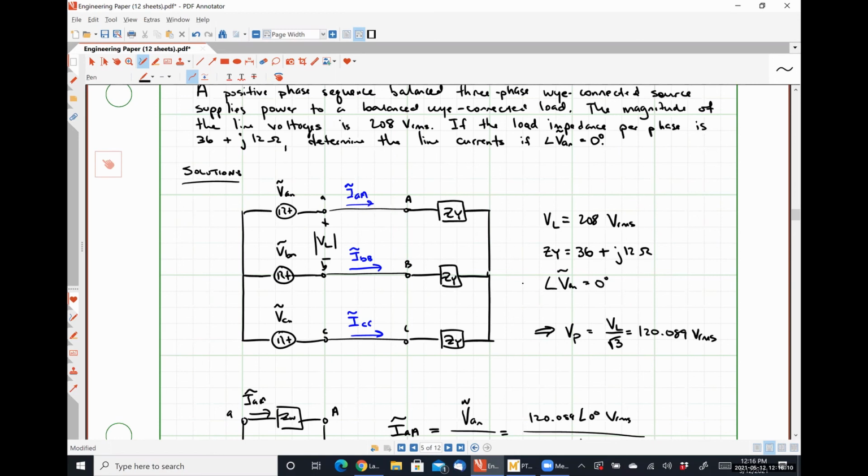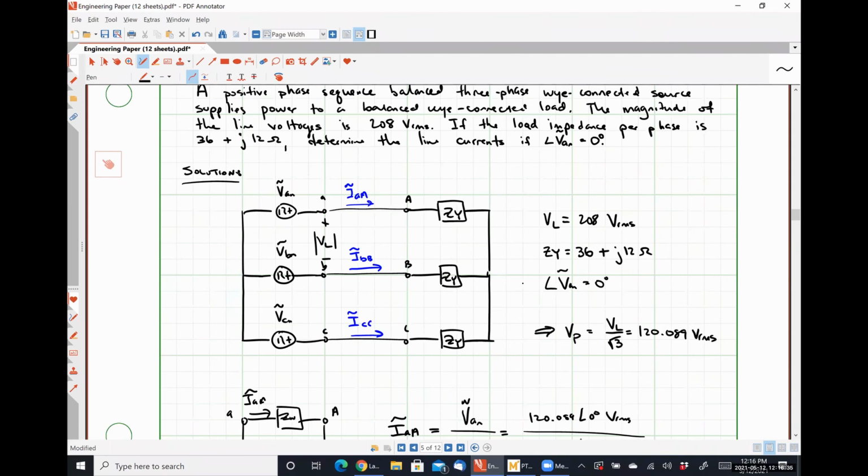From that, you could definitively determine what VCN is by dividing by square root of 3 and subtracting 30 degrees. And then you would add 120 degrees to get to the A phase. But because we were dealing with a magnitude of our line voltage, we didn't carry along that portion of the conversion factor. Does that make sense?